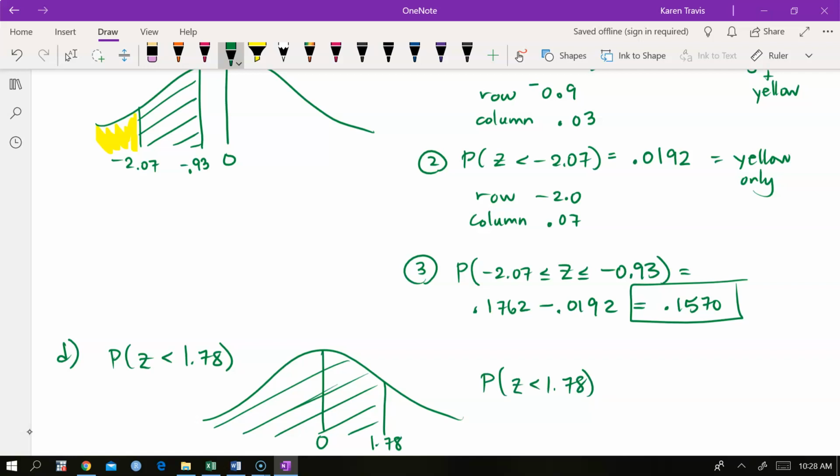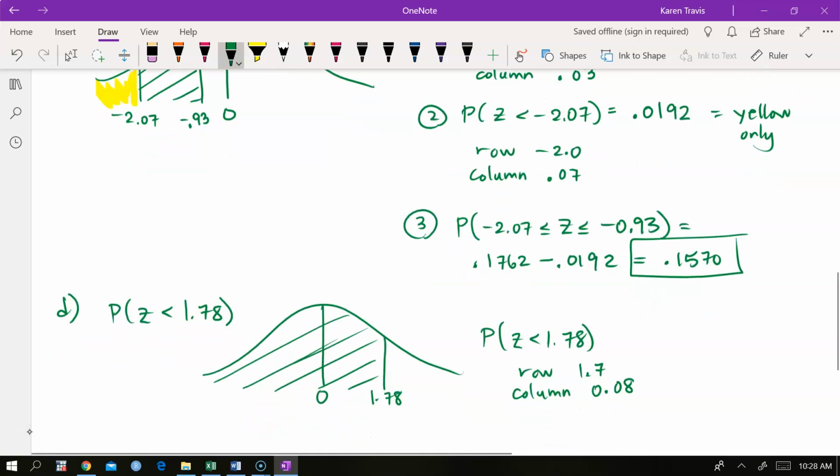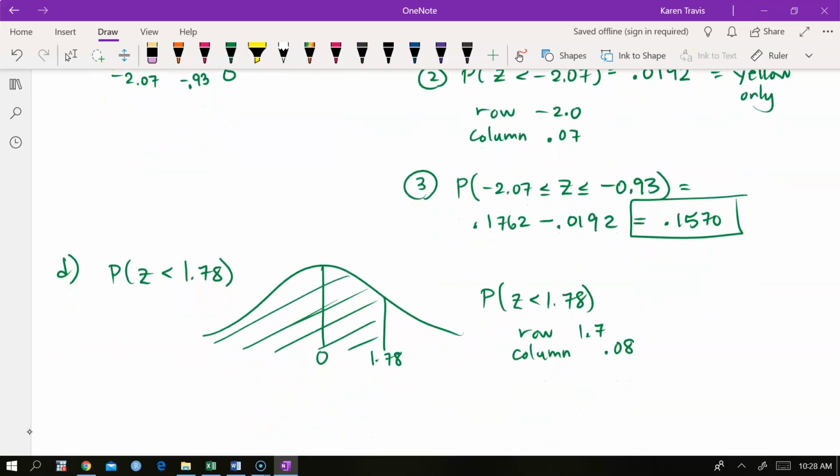The row will be 1.7, and the column will be 0.08. And what we see there is that 1.78 is going to be a 0.9625, and there's nothing to subtract.